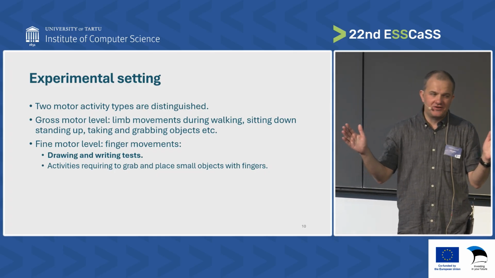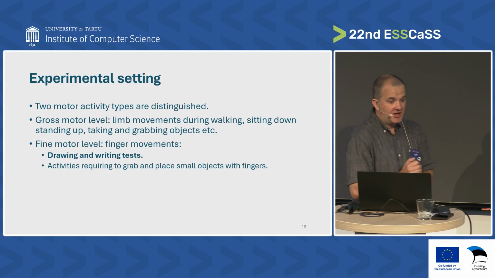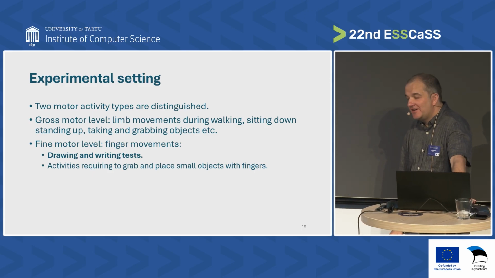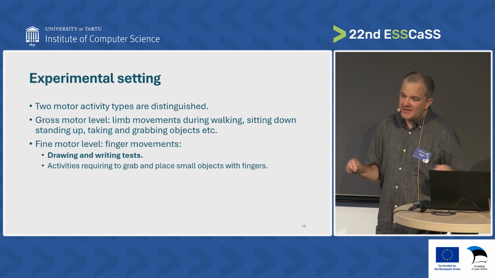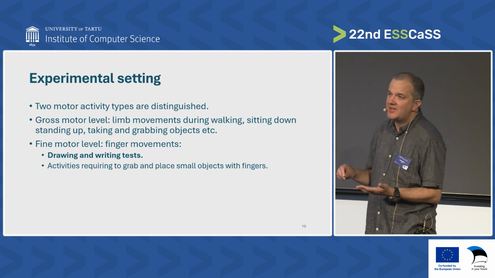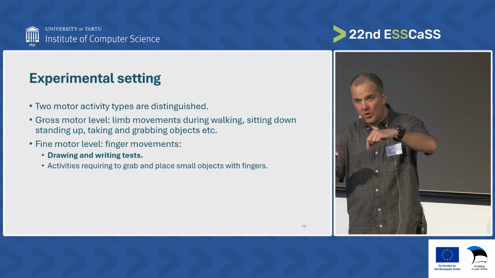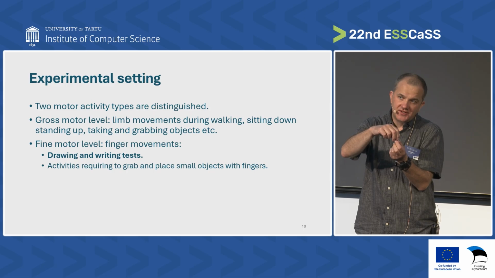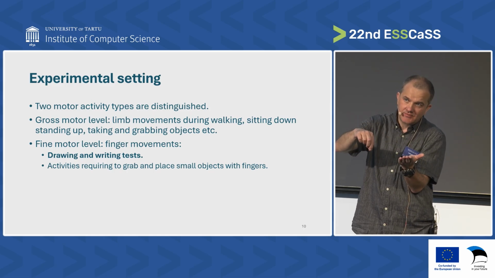One is drawing and writing tests, which I will talk about in the remaining part of my lecture, and the second part is activities requiring grabbing and placing small objects with fingers. Usually patients are given a plate with small holes where small objects are positioned, and they are asked to take one and position it in another place.